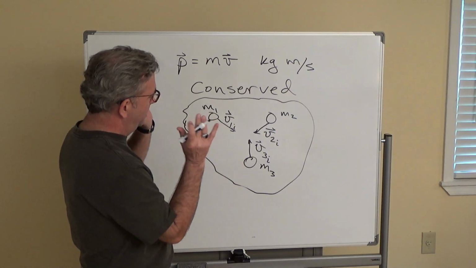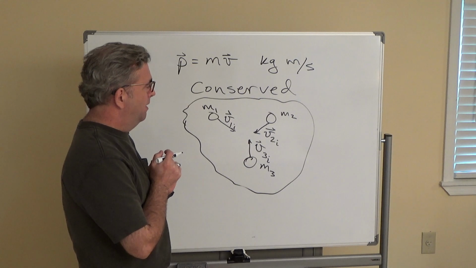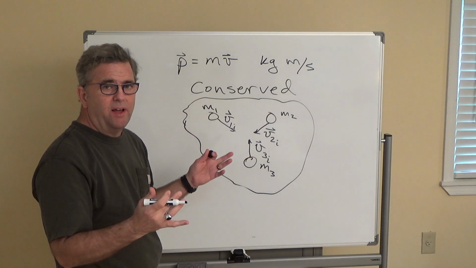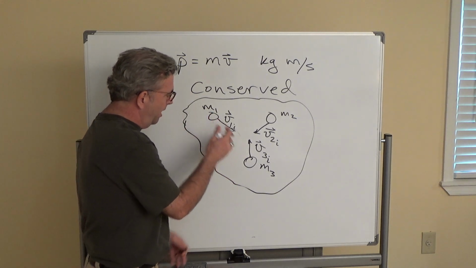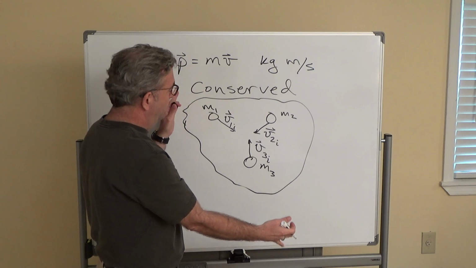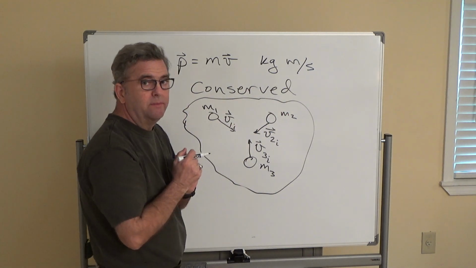So let's say that we take a snapshot of these objects. At some later time, I'm not going to draw all the final velocities, but say they come together, they bounce off, and they go their own separate ways, and we take a snapshot.